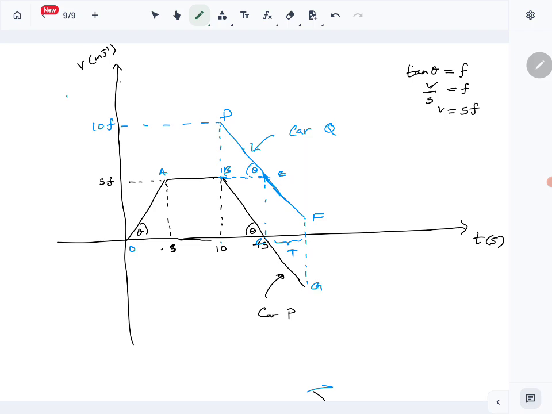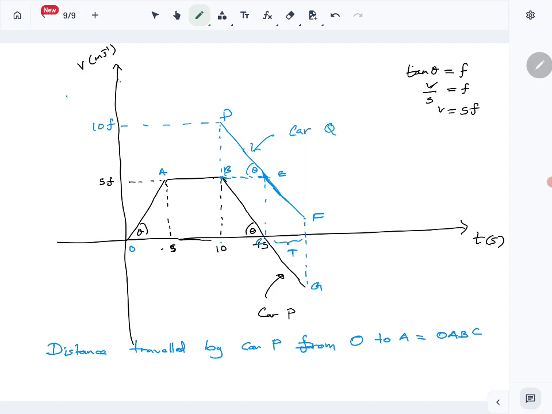So OABC is the distance traveled by car P from O to A. So distance traveled by car P from O to A is given by OABC area.